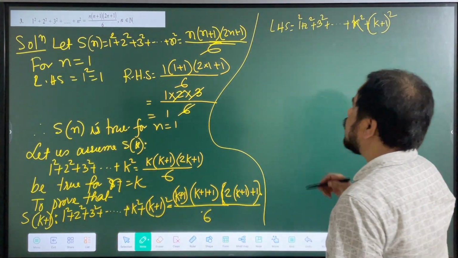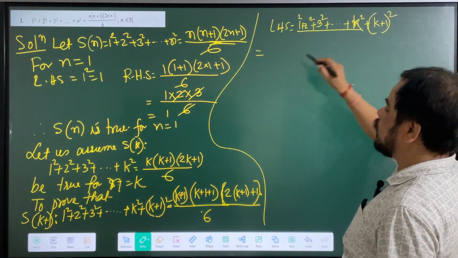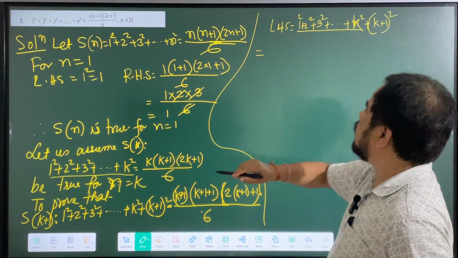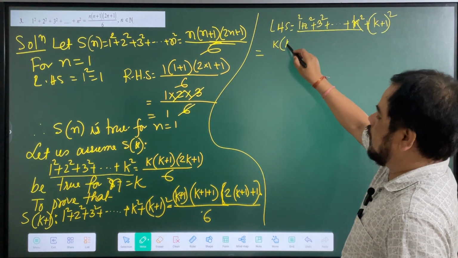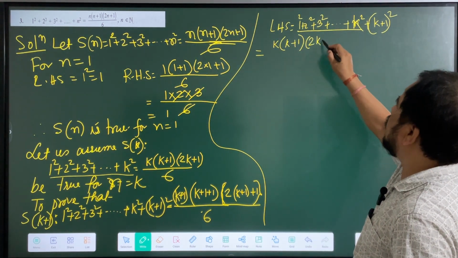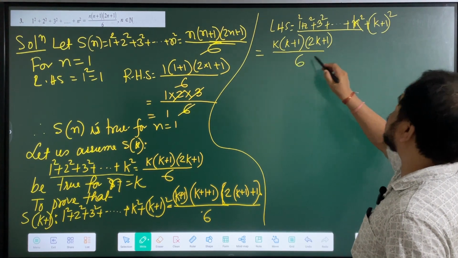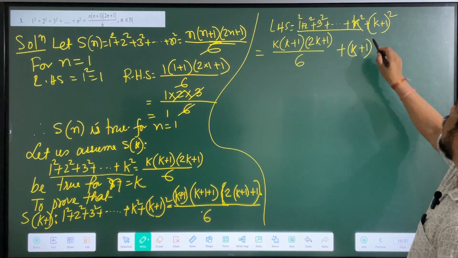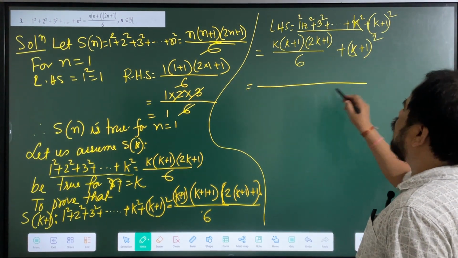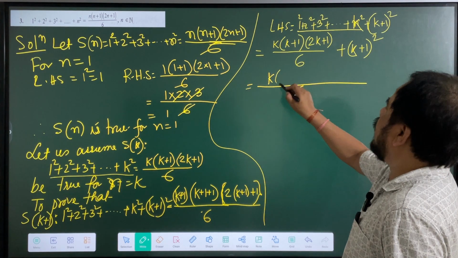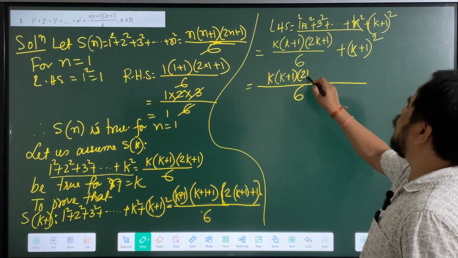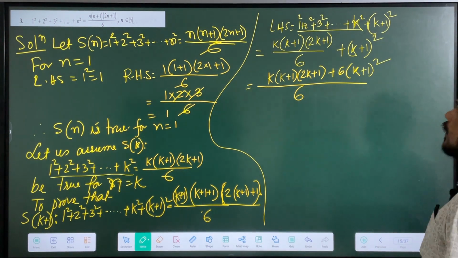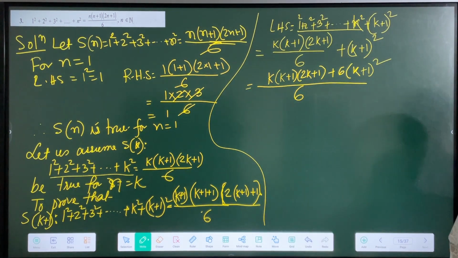So here to here we can write, in place of that, k into k plus 1 into 2k plus 1 by 6 plus k plus 1 whole square. Now we will take LCM: k into k plus 1 into 2k plus 1 plus 6 into k plus 1 whole square, all by 6. I hope you understand. Just LCM is taken, 6 into this.